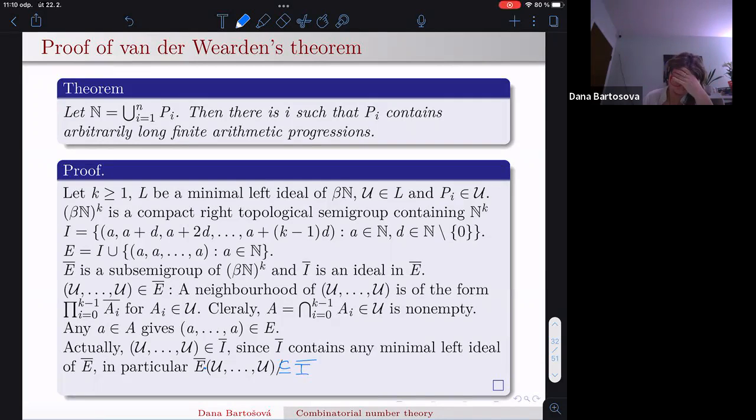Right, so the minimality of U, coming from a minimal left ideal, is going to ensure that if I take this k-dimensional fold, then because this element is inside of E bar, this is going to be a minimal left ideal of E bar, and therefore it has to be in the both-sided ideal.